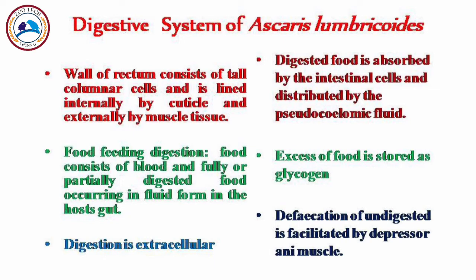Now we'll talk about the rectum, which is the last part of the digestive system. It is very short and dorsoventrally flattened. The wall of the rectum consists of long columnar epithelial cells and is lined by the cuticle, which is in continuation with the body wall.